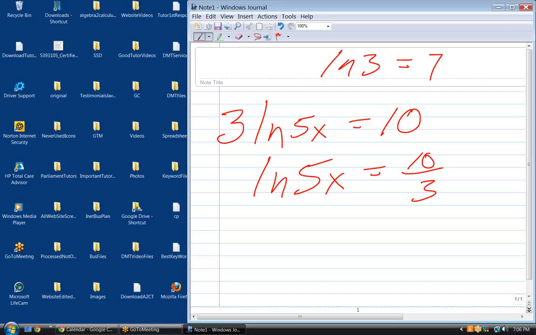If I said natural log of x is equal to 7, what would you say? E to the 7th power equals x. Correct. Okay, so do the same conversion down there.